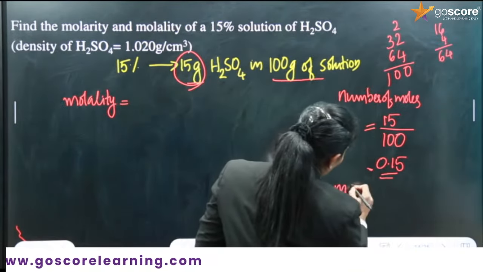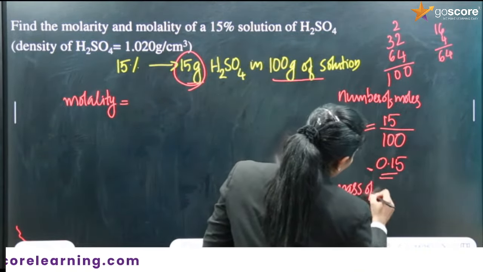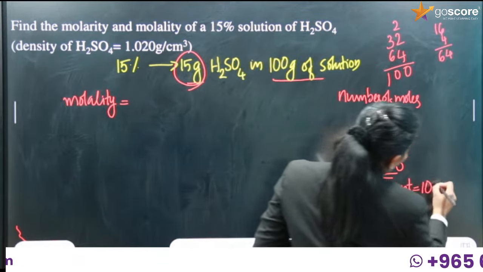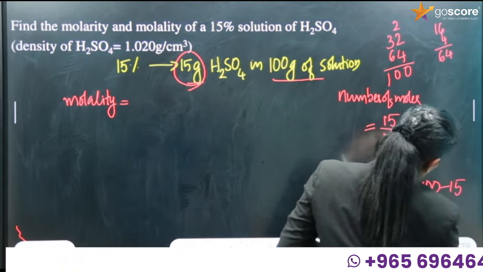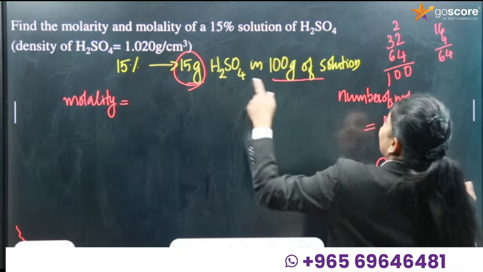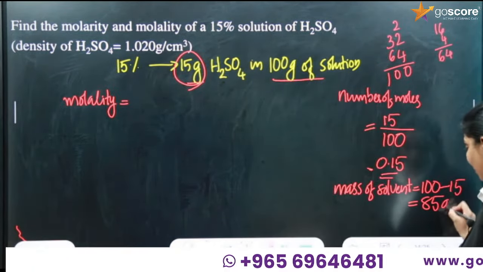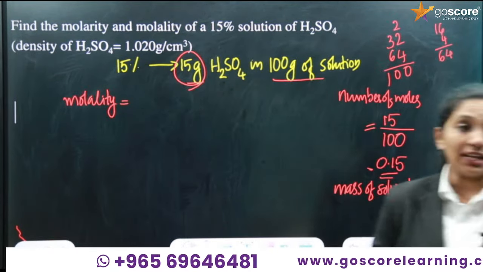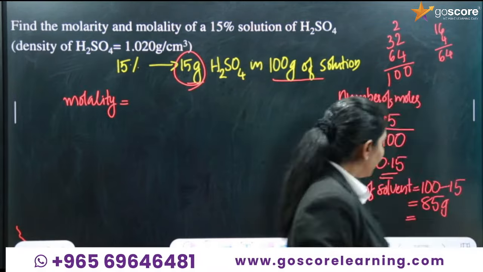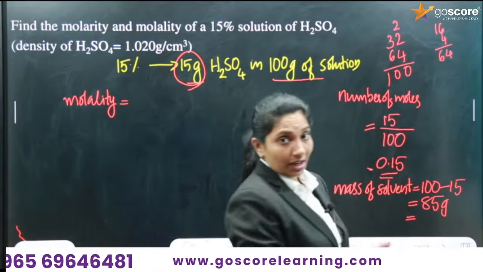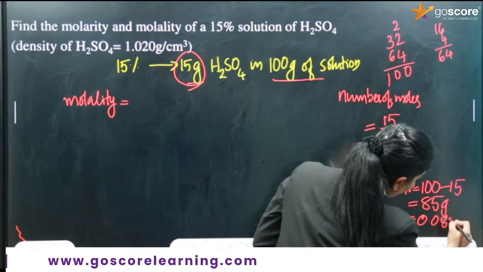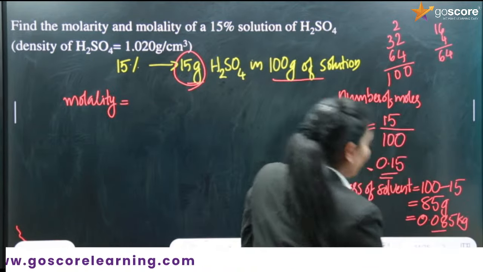So the mass of solvent is equal to 100 minus 15, that means it is 85 gram. For molality, we want the mass of solvent in kilogram, so simply dividing by 1000 you will get 0.085 kg.